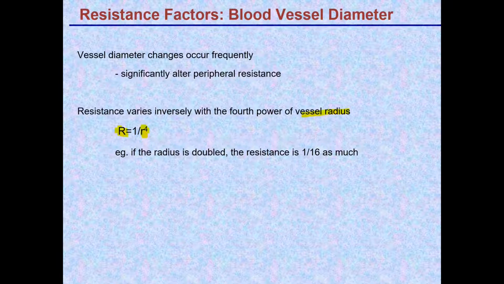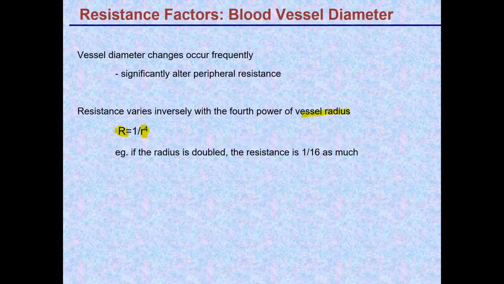The larger the radius, the lower the resistance to blood flow, and the smaller the radius, the higher the resistance, which you probably intuitively understand. I hope that if you squeeze a water hose tighter at one spot, then there's less flow through the hose because you're reducing the radius of the hose. The same goes for blood vessels.